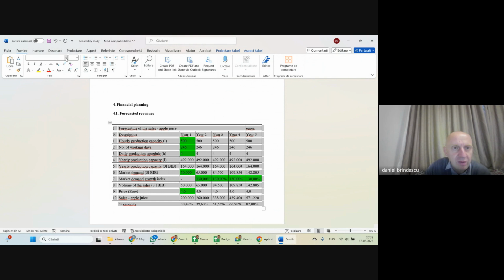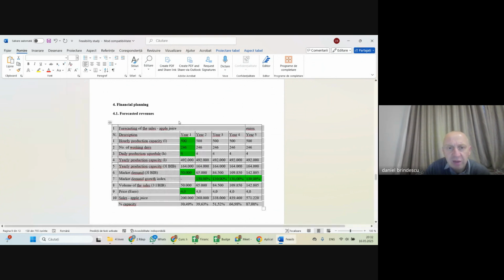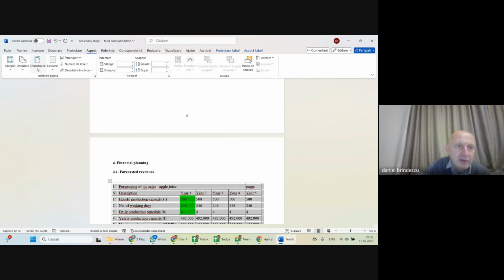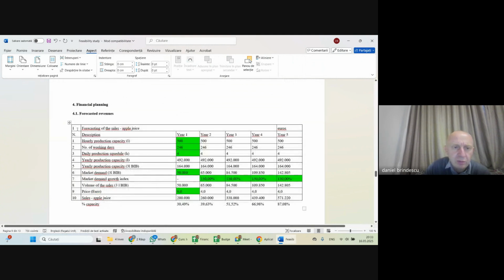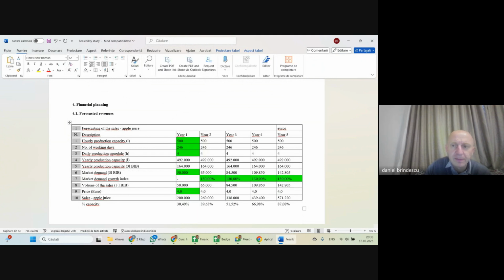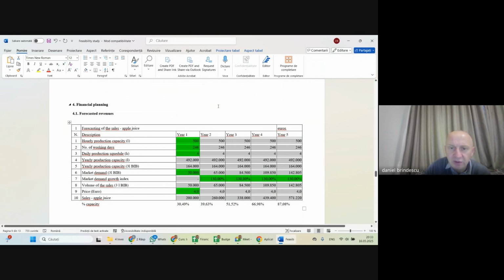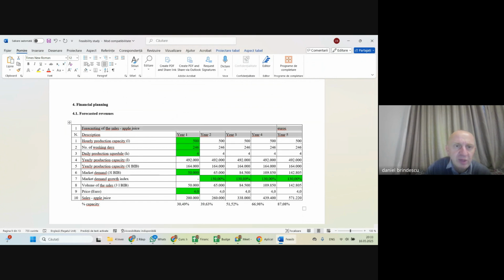Either I reduce the dimension of the font to work like this maybe, or I turn the page as a landscape, which I would probably do. So arrange everything so it can also be understood. That's the point of the feasibility study, to present it to someone that would also be able to read it.